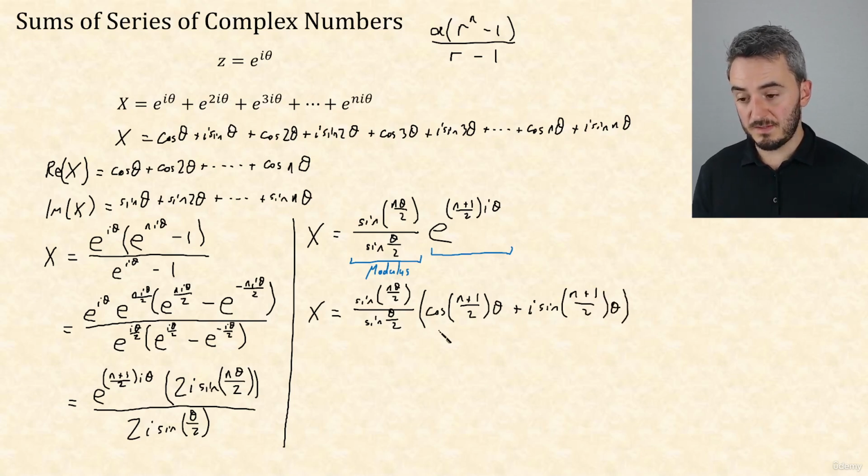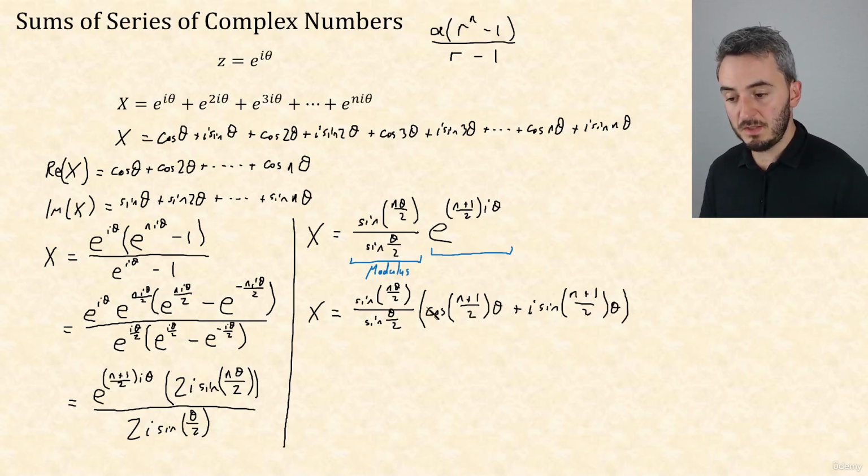And this is where I really wanted to be, because look, I now can see that the real part of x, which was this cos sequence here, is just the real number here multiplied by the real bit here. And the imaginary part of x, which is just the sine sequence, is this modulus here times this sine term here.